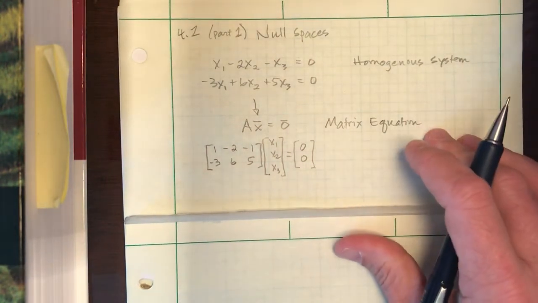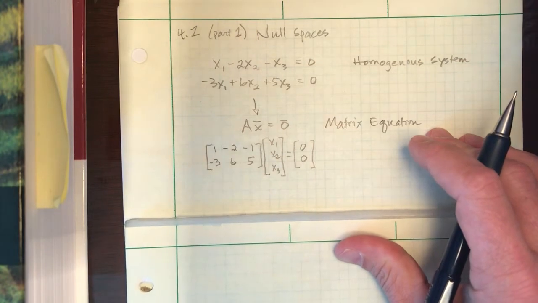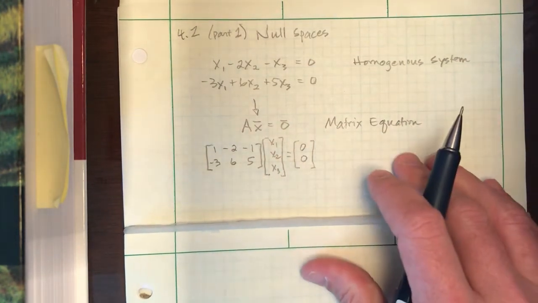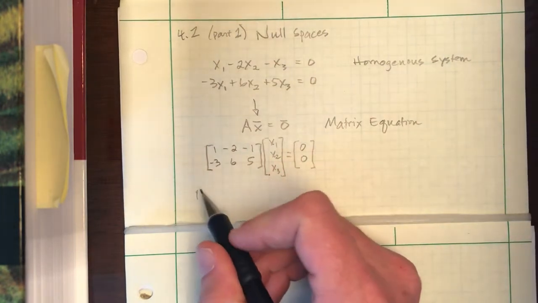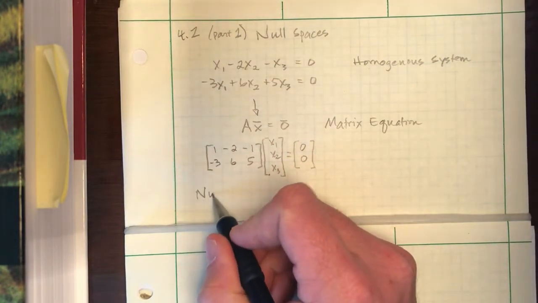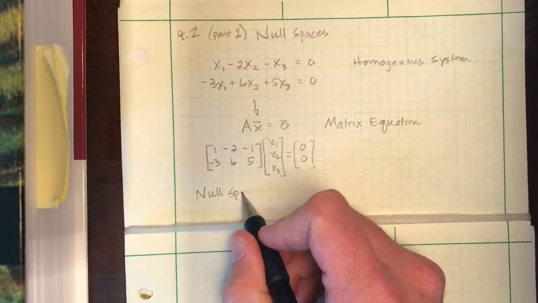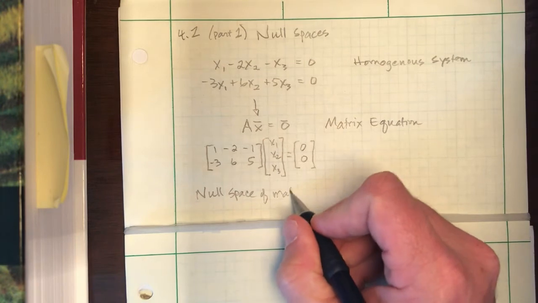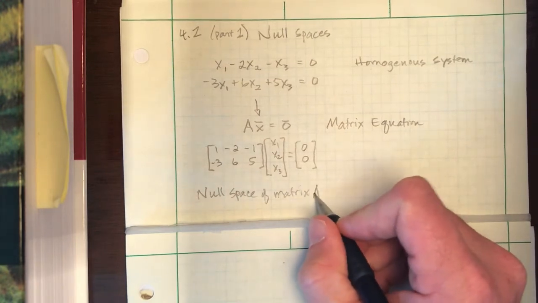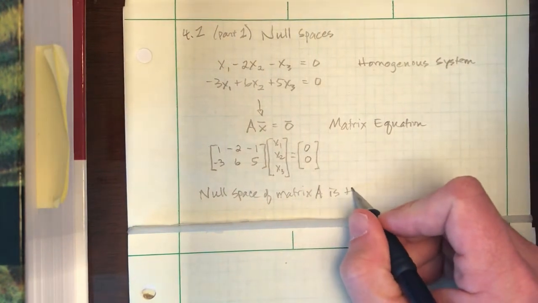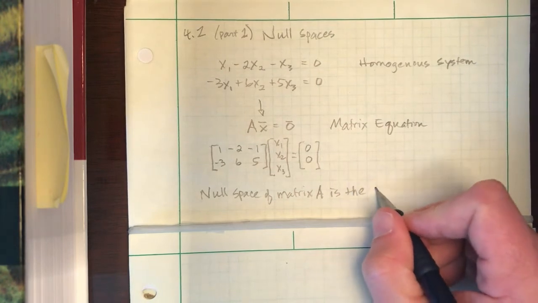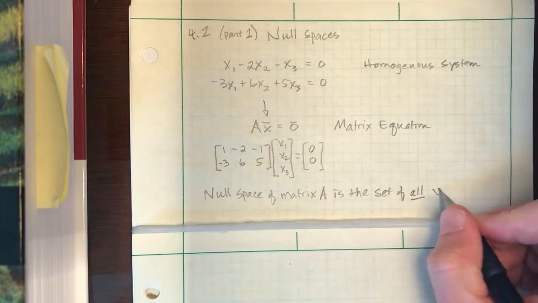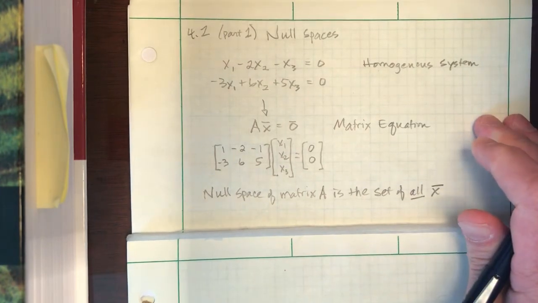And so we now have the set of all these. Think of all the solutions that would make this true. That is what's called the null space of matrix A. Is the set of all x vectors.